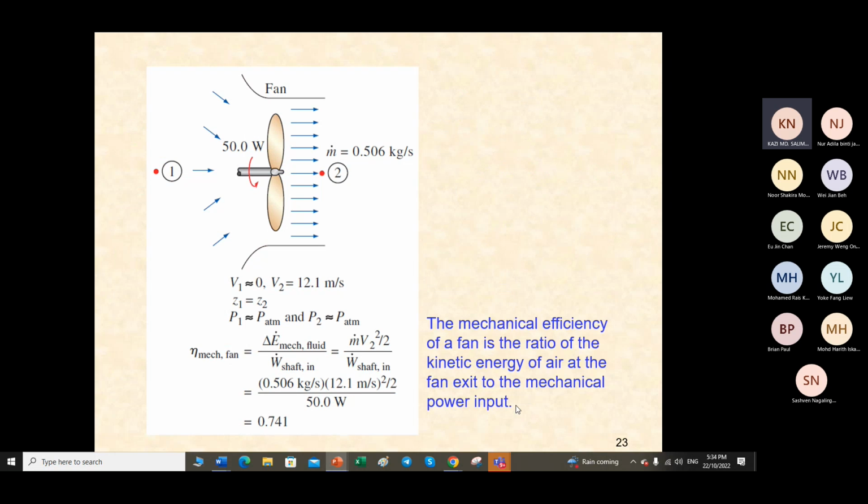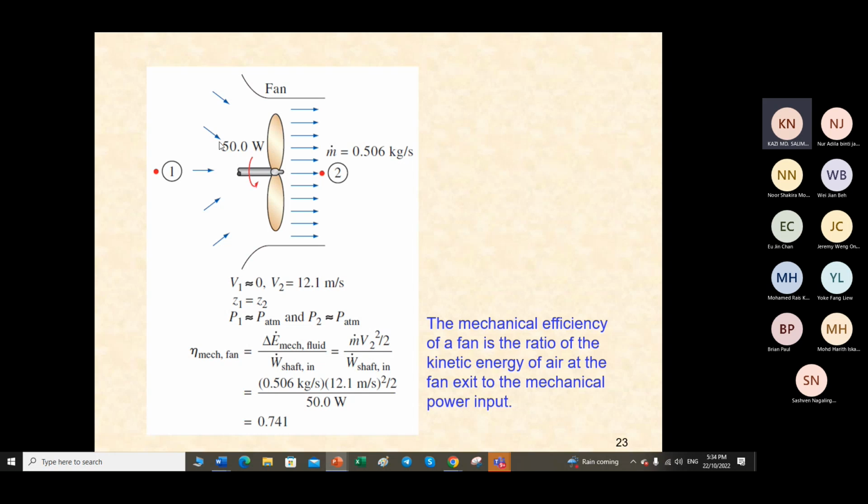So see this small problem with a fan. The fluid is discharged to the atmosphere, and the fan power input is 50 watt. The mass flow rate of the fluid is this much kg per second.